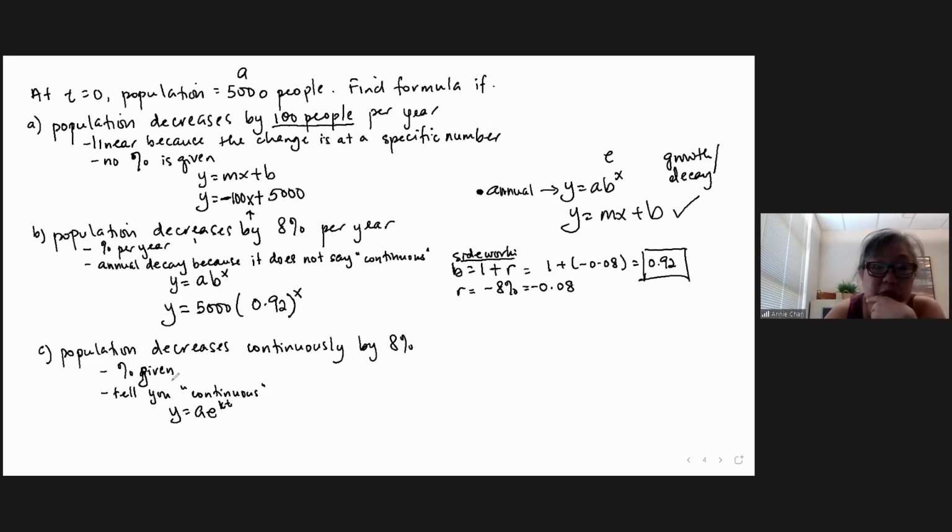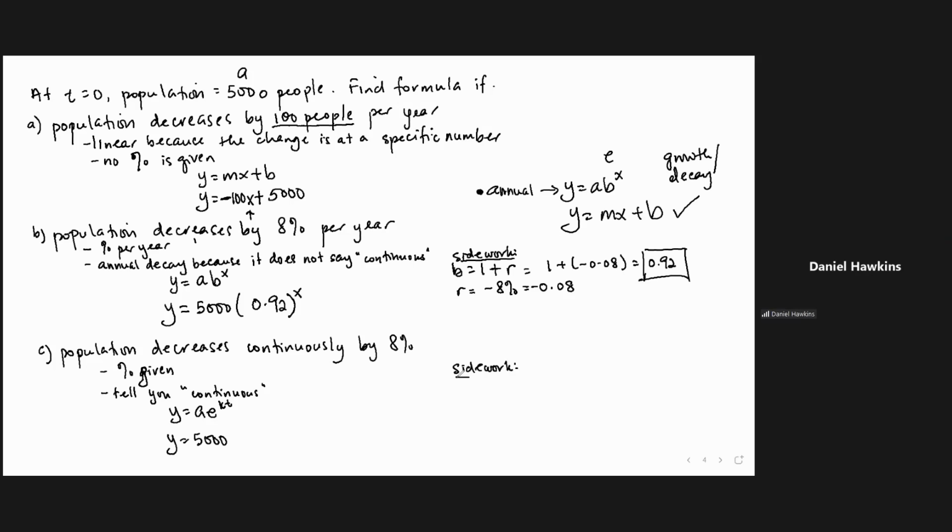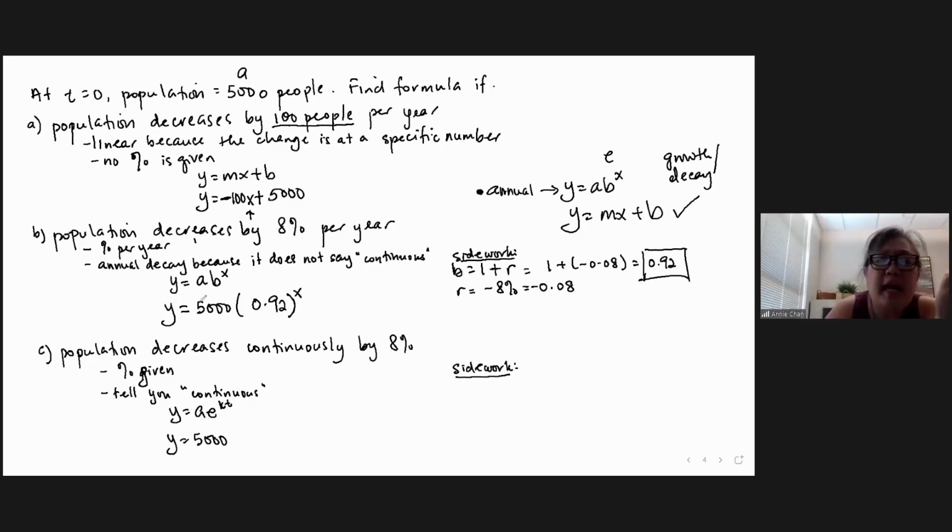Now, we need to do a little bit of calculation again. Again, A is 5,000. E to the K. So what is 8% again? 0.08. Or is it B equals 0.92? Okay, so assuming we don't have this, assuming this is all we have, assuming we don't have B. So what we're given, this 8%, is R. R is negative 8%, which is negative 0.08, yes?